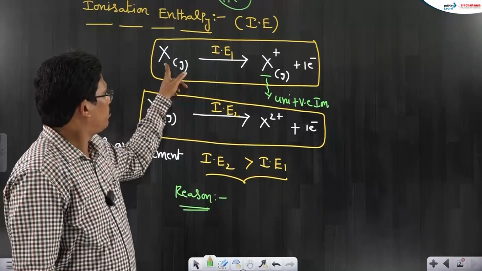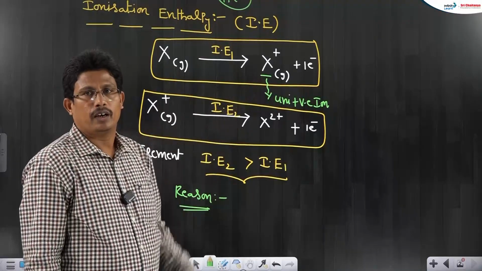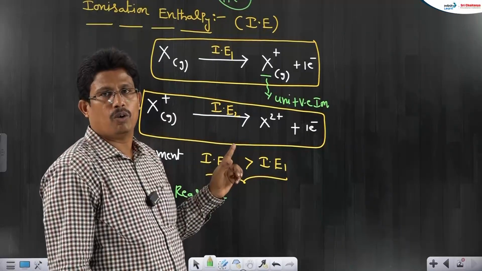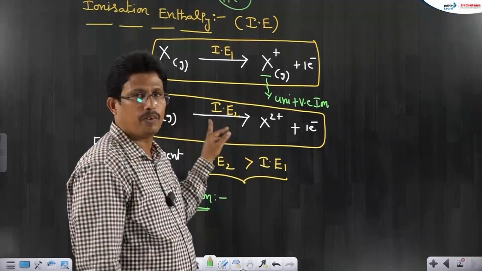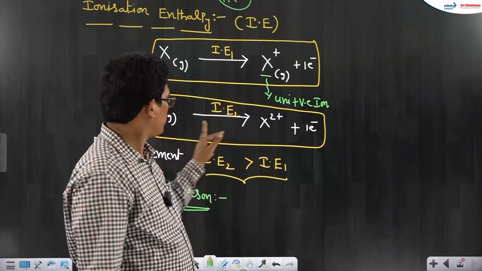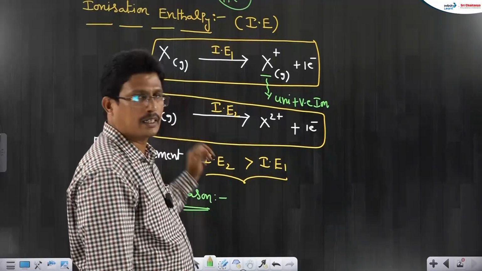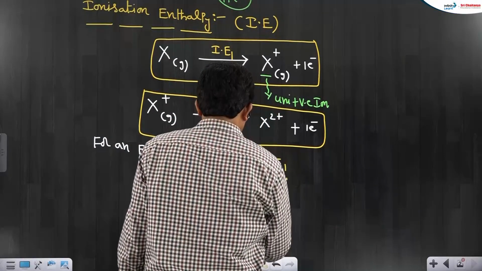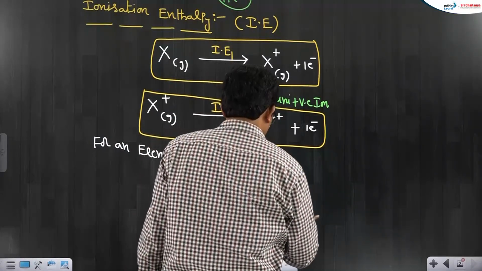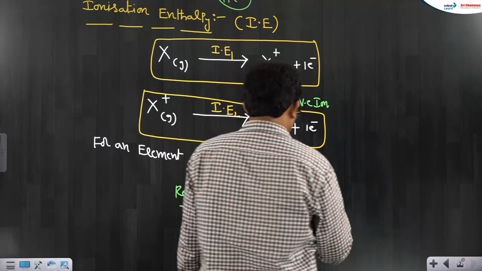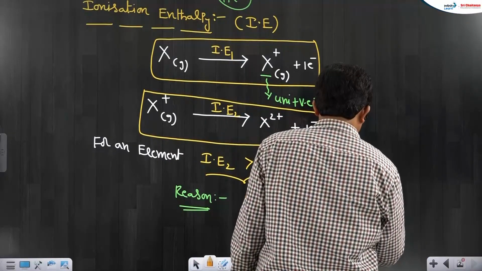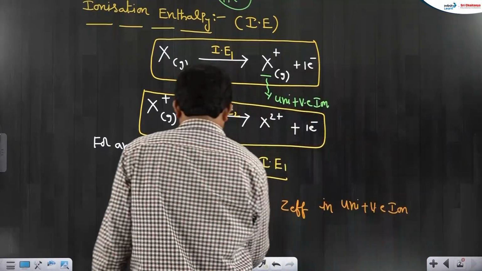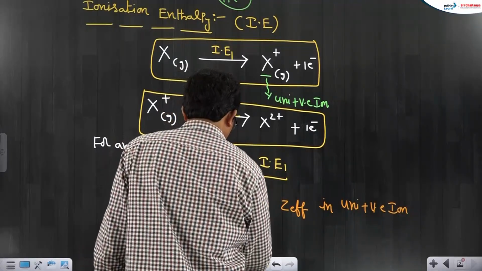Compared with the neutral atom, in the unipositive ion the effective nuclear charge is more. If effective nuclear charge is more, more energy is required to remove an electron. That's why the IE2 value is always greater than IE1. The reason is more effective nuclear charge in the unipositive ion compared with the neutral atom.